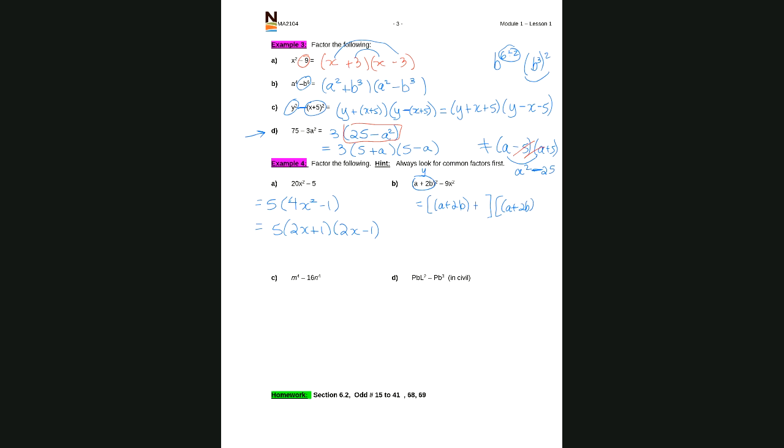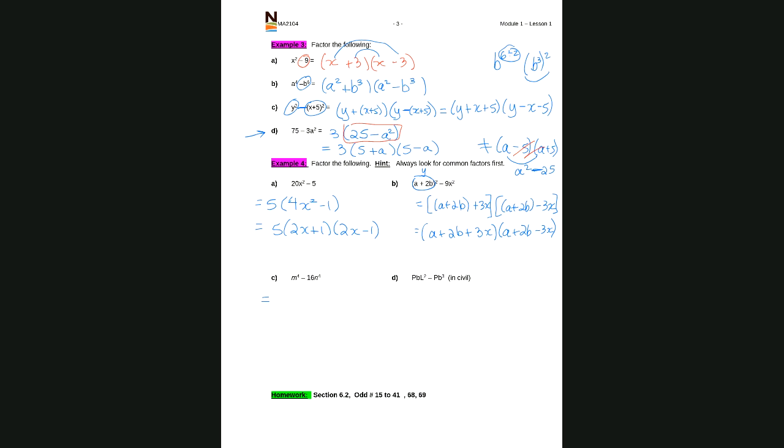And 9x squared is also a perfect square, but there's a minus in front. So this is the negative on the 3x. Now you can drop that smaller bracket inside. And nothing adds together here, so we just leave it like that. There are no terms to group together.